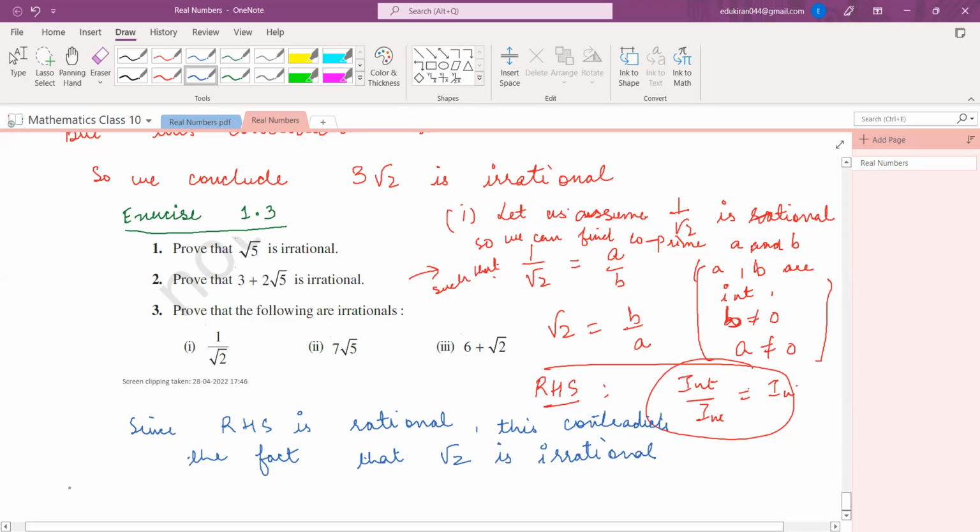And so we conclude that 1 upon root 2 is irrational. You have to write the line here, this contradiction has arisen because of our wrong assumption. I'm just leaving that line for you. Clear?